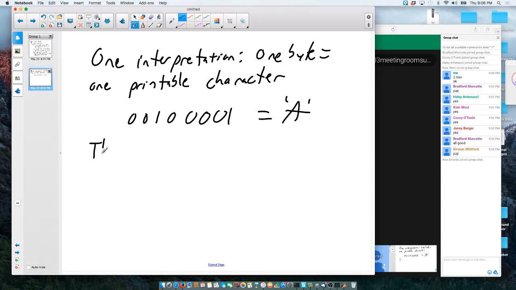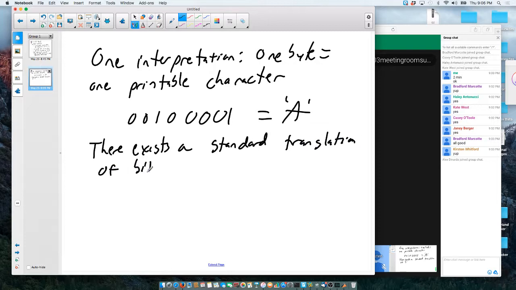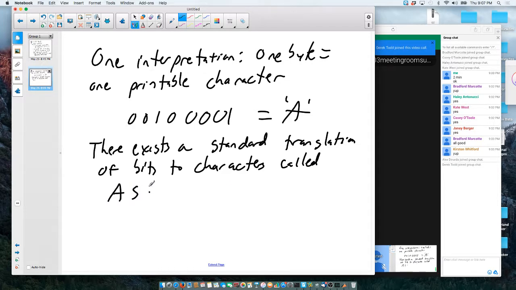So there exists, I guess I'll call it a standard translation of bits to characters called ASCII, which is pronounced ASCII. And that's just a giant table that maps bit patterns to letters or characters or symbols.